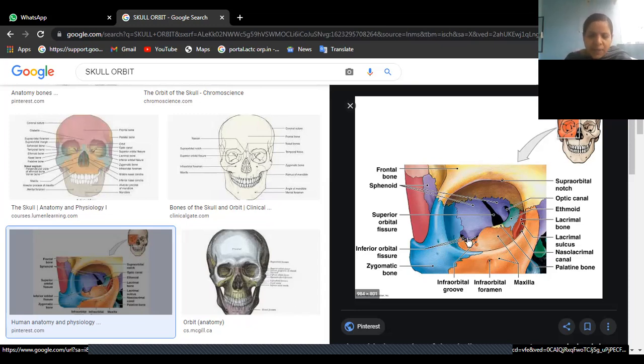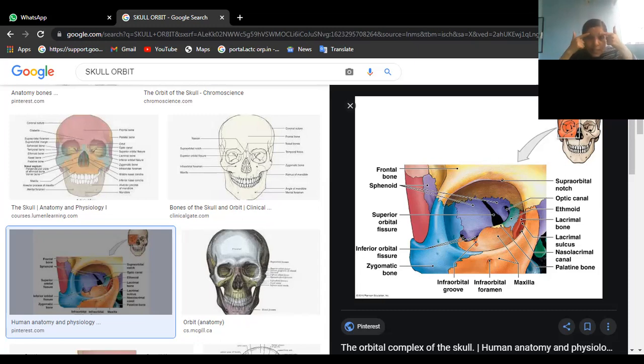Is it clear? Did you get an idea how the orbit is made up of? See, these two bony sockets which are lodging the eyeball are nothing but orbits. Okay, so superiorly we have frontal bone, inferiorly we have maxillary and zygomatic, medially again frontal, like maxillary, then lacrimal, ethmoid, and this sphenoid bone we have.